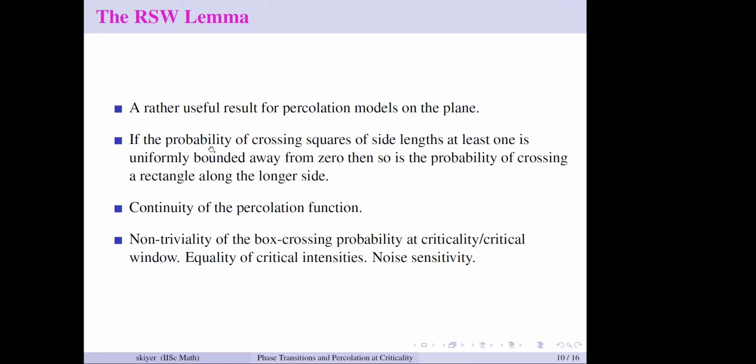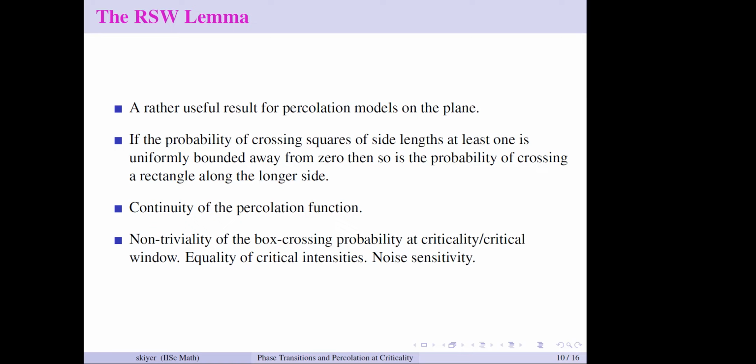It says that if the probability of crossing squares of side length at least 1, so you look at all squares of side length at least 1, and the probability of getting a path from the left to the right is uniformly bounded away from 0, then so is the probability of crossing a rectangle along the longer side. Okay, so it seems like something that should be true, but it's not always. It's quite non-trivial to prove this kind of result.